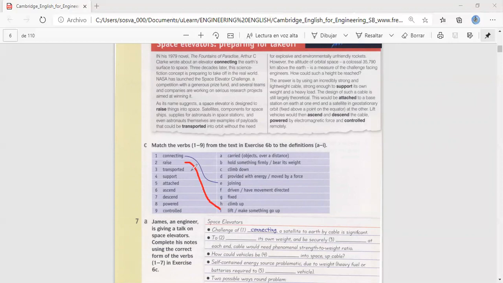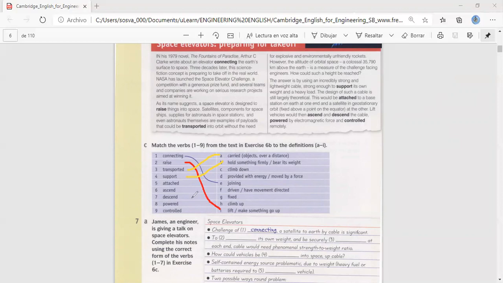In this case, we have carried objects over a distance. Exactly. Great. Thank you. What about support? Well, in this case, letter B, hold something firmly, hold its weight.